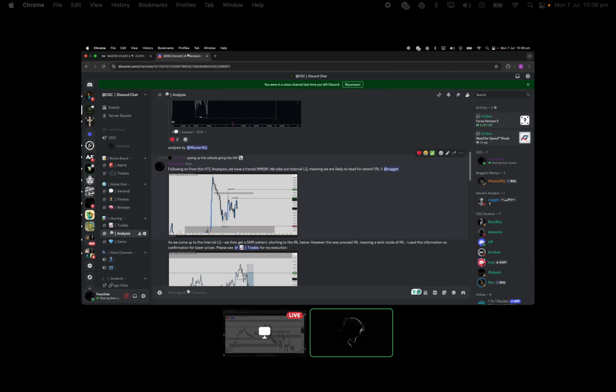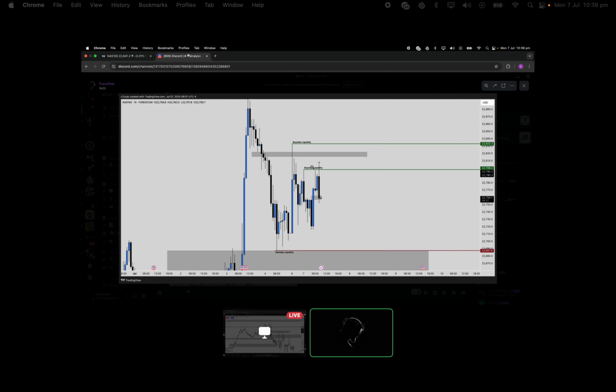Following on from this higher time frame analysis, we have a fractal market maker sell model. We take out internal liquidity, meaning we are likely to head for where? IRL. As you can see, obviously the draw on liquidity is this sell side liquidity pool at 22687, and then the fractal market maker sell model, we come up into this internal liquidity pool, which is a prominent high.